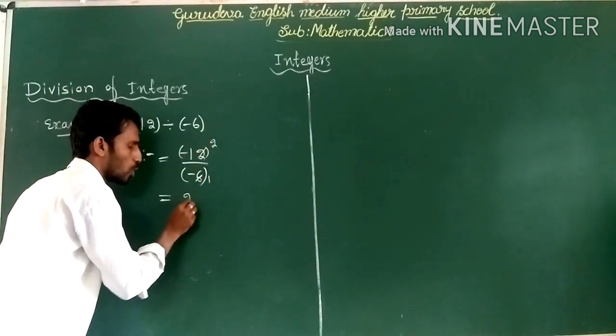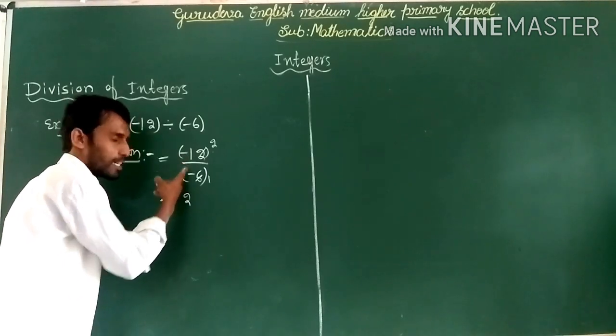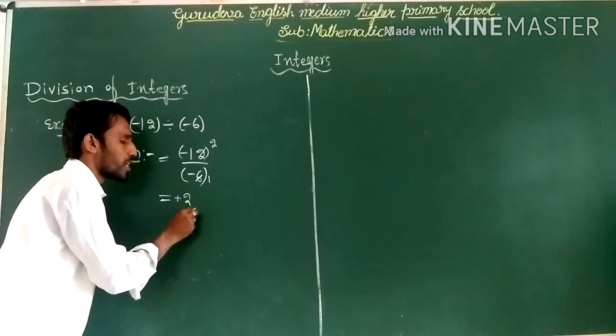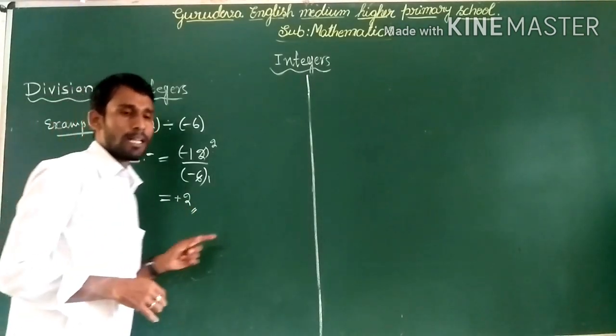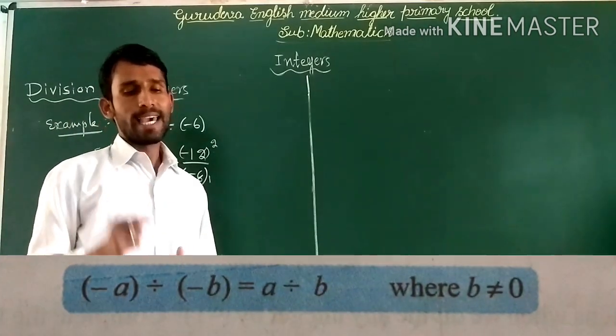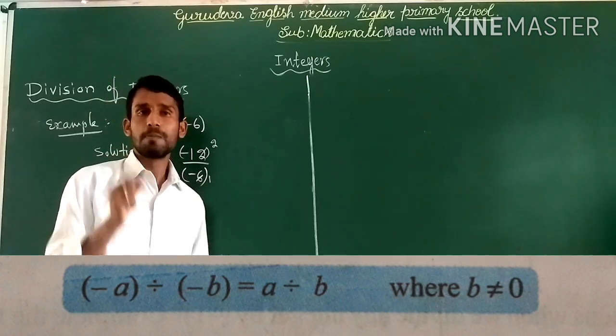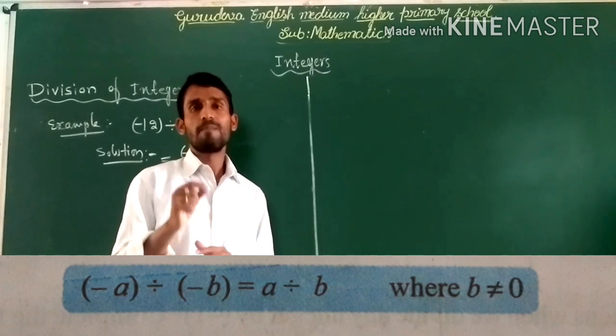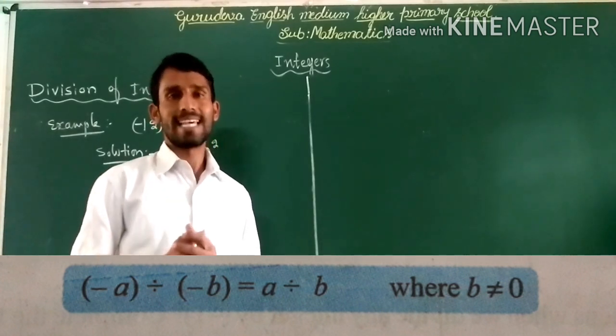What is the answer? 2 is the answer. We have negative signs, so we put a positive sign before the quotient. Now we can say that minus a divided by minus b is equal to a divided by b, when b does not equal 0.